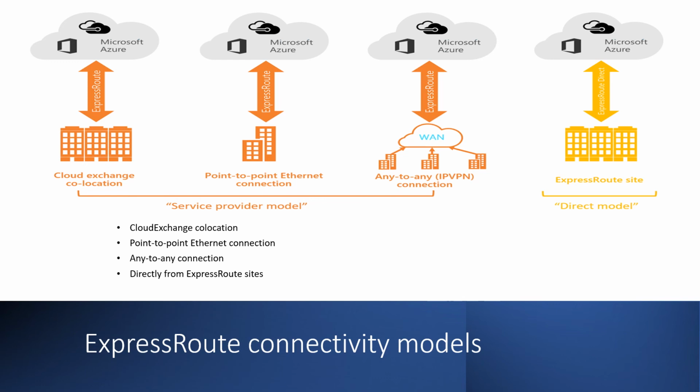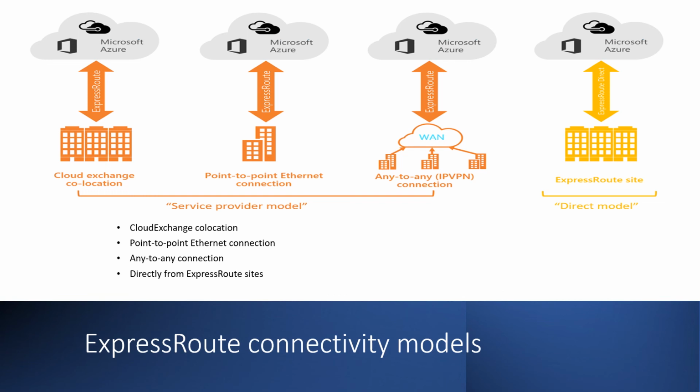With any-to-any connections, all WAN offers layer 3 connectivity. For example, if you already use multi-protocol label switching to connect to your branch office or other sites in your organization, an ExpressRoute connection to Microsoft behaves like any other location on your private WAN.